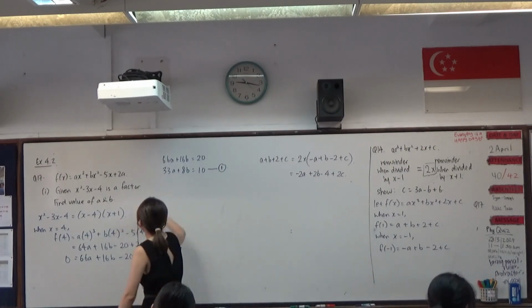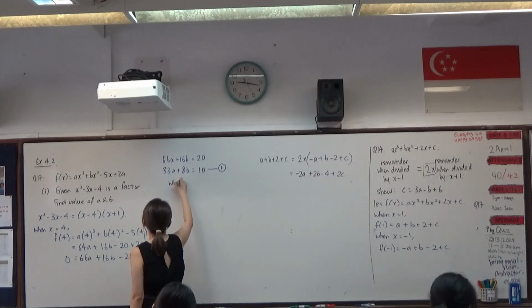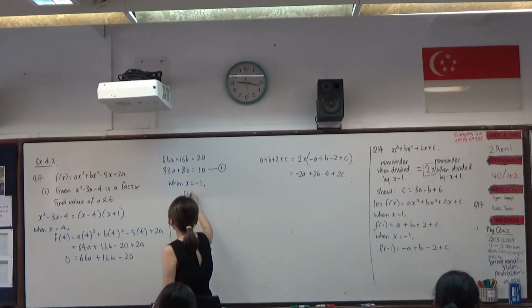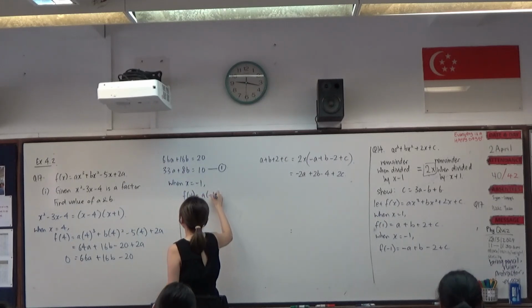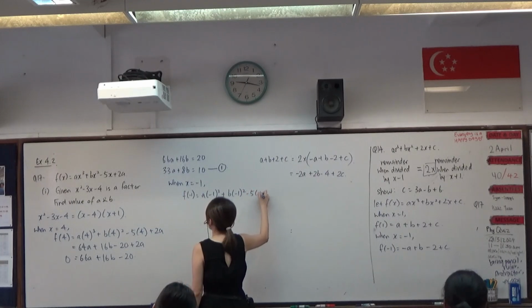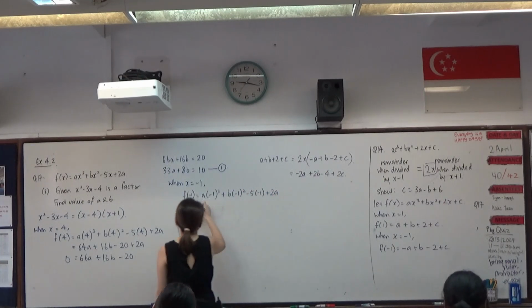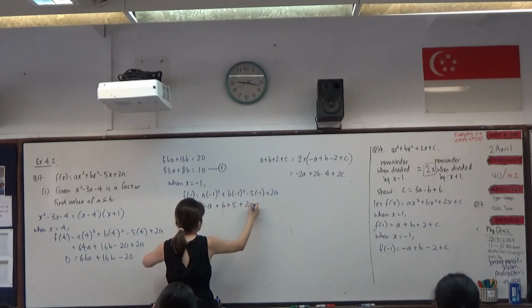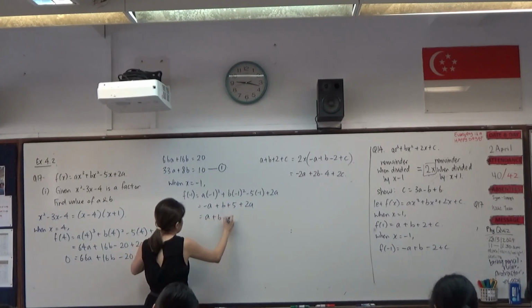Then we look at x plus 1, when x equals negative 1. a plus b plus 5 plus 2, a plus b plus 5.